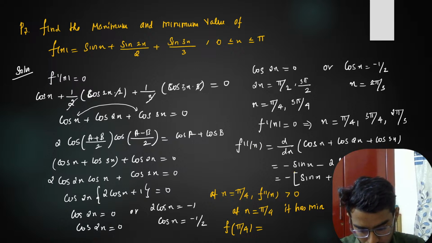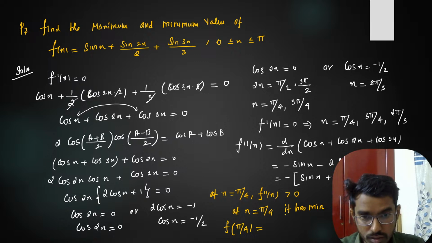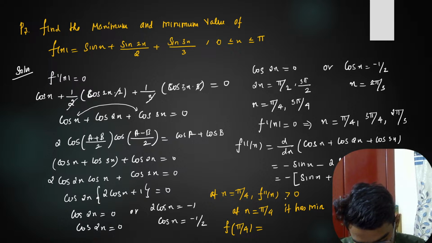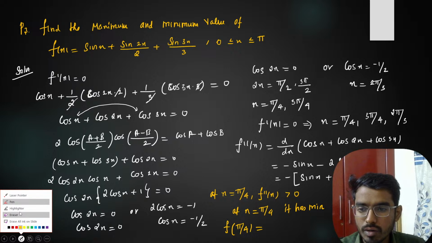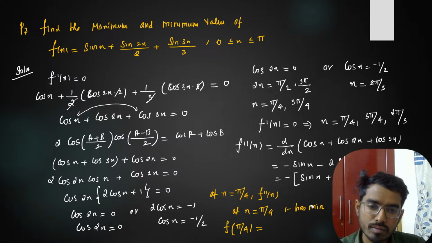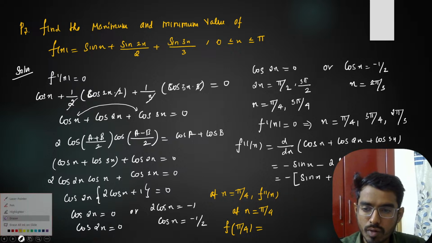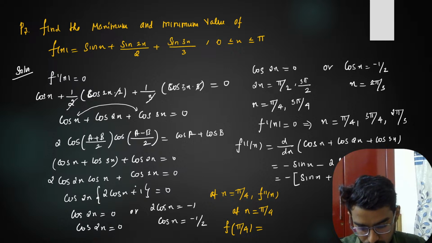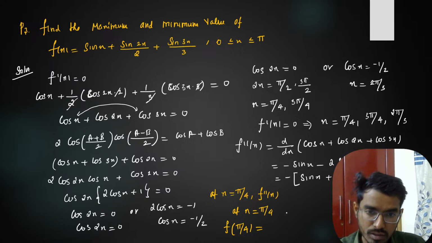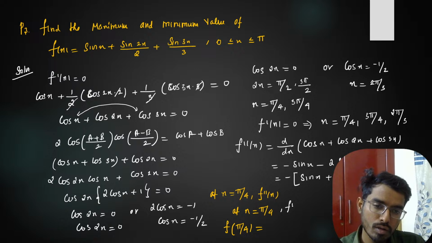Sorry, at pi by 4 you will have less than 0, I think. Yes, at pi by 4, your f double dash will be less than 0.